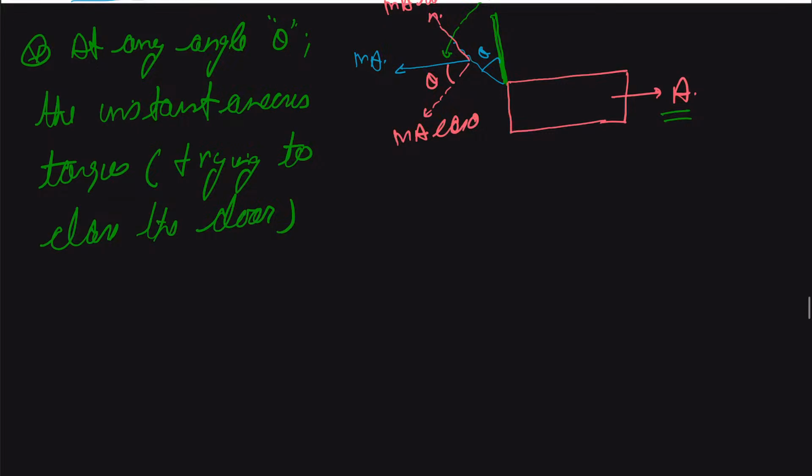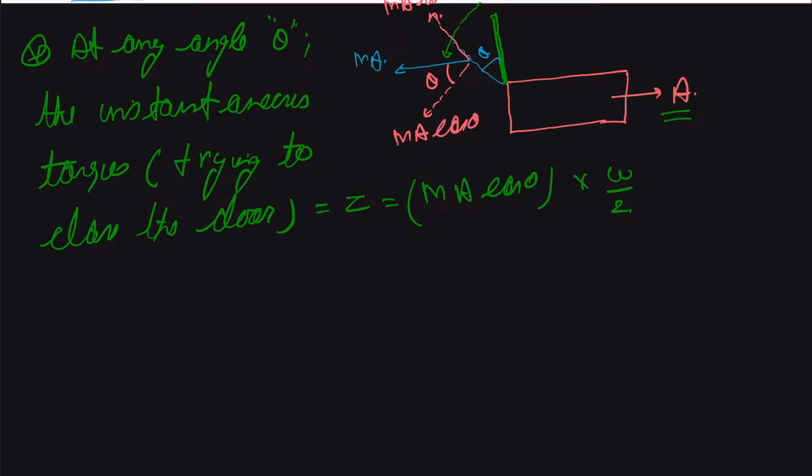And that torque, let us suppose our tau, will be equal to our force, which is our MA cos of theta, and the lever arm, that is our W upon 2. Okay. So this is the torque which is trying to close the door.